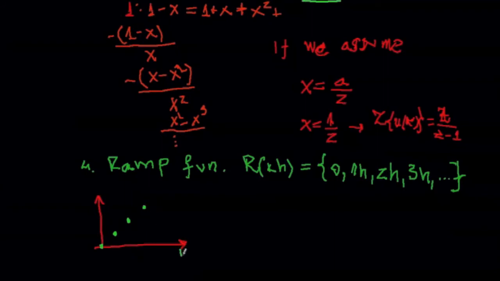This is k, and here we have 0, 1, 2, 3, and so on.